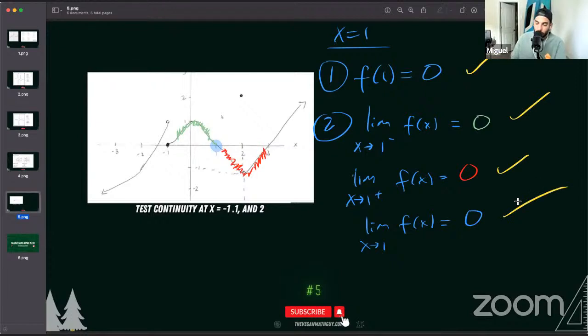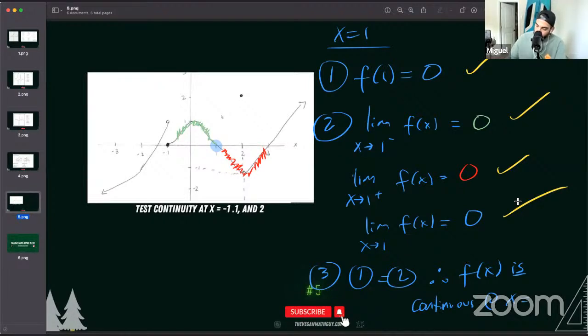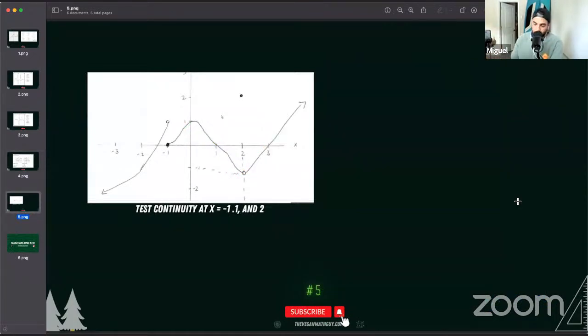Boom, boom, boom. That's what we want. This is perfect. So then for step 3, we say condition 1 is equal to condition 2. And therefore, that's what those 3 little dots mean. F of x is continuous at x is equal to 1. Awesome. Okay, cool.